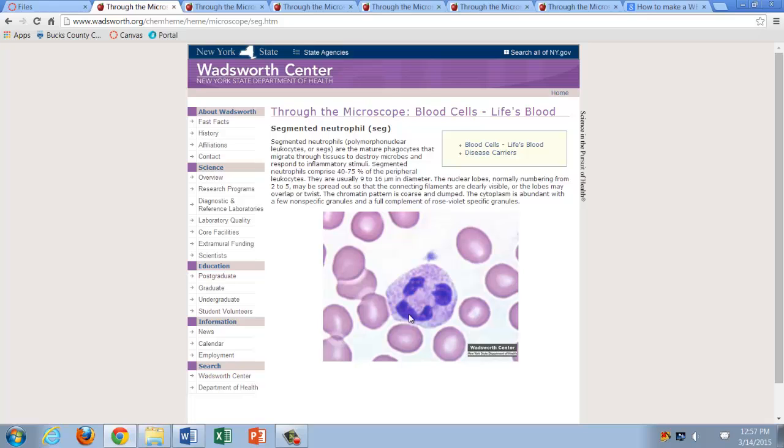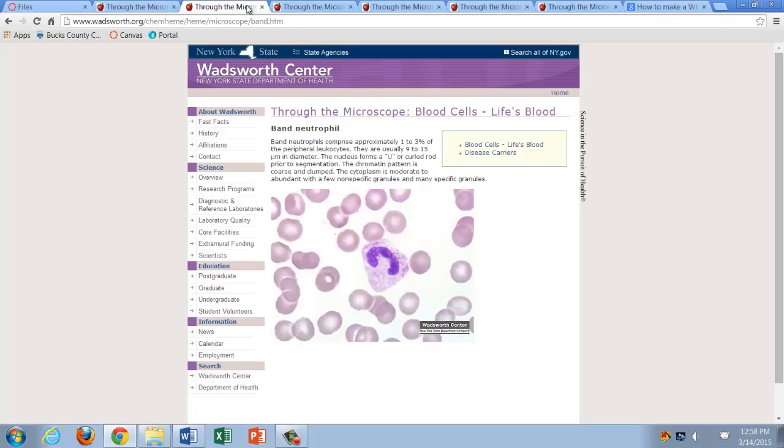So this is the poly or the seg or the neutrophil. The granules are a neutral color, and you can see the segmentation of the nucleus. Again, you see the red blood cells are the erythrocytes, and here you see a platelet. This is the adult form, and this is the band. This is the same cell when it was a little bit younger, a little bit more immature.